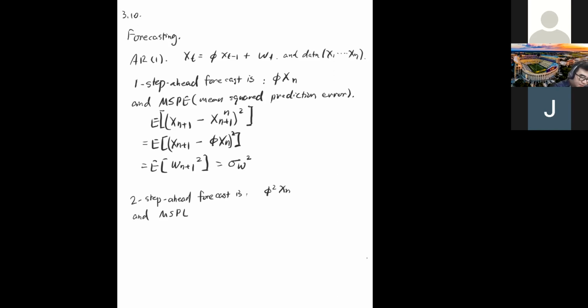For the two-step ahead forecast, the mean squared prediction error is the true value of the two-step ahead minus the forecast, squared, in expectation.